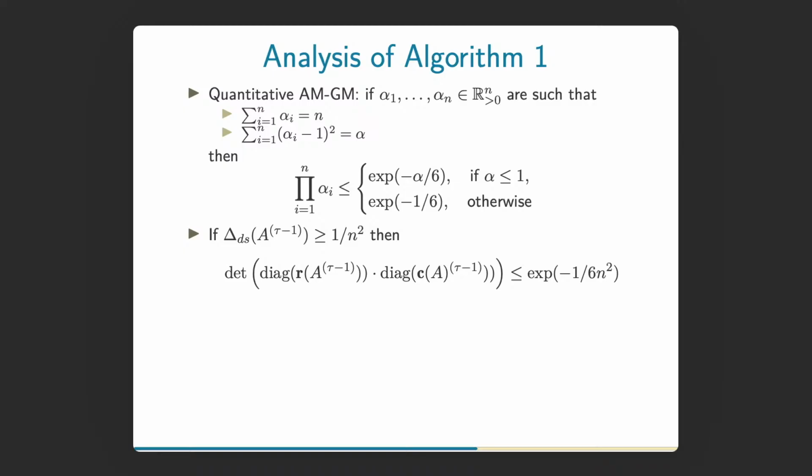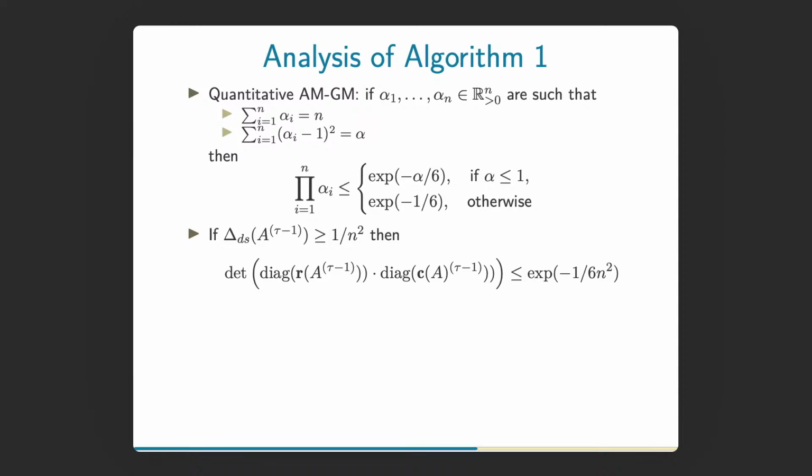So what are we going to prove? With this inequality, if the distance to doubly stochastic of my scaling is greater or equal than 1 over n, remember that constant I'm paying every time I'm scaling? That constant is exactly this. So I can use the AMGM to prove that if this distance to doubly stochastic is large, then this product is less than or equal to exponential of minus 1 over 6n squared.